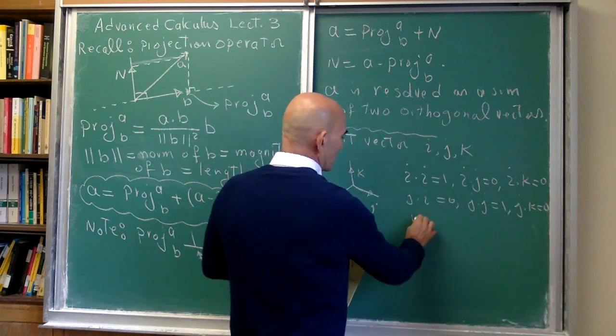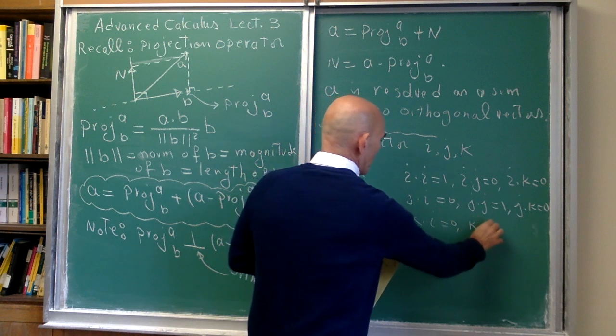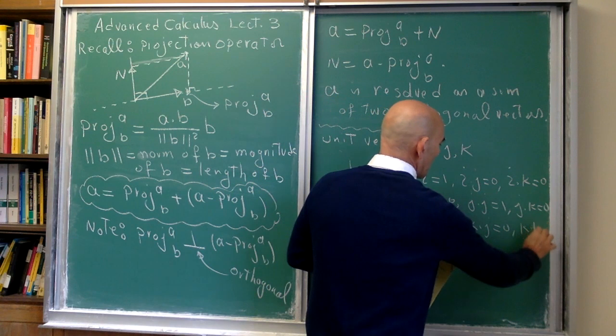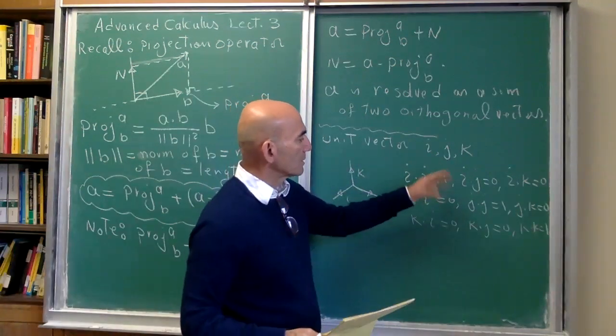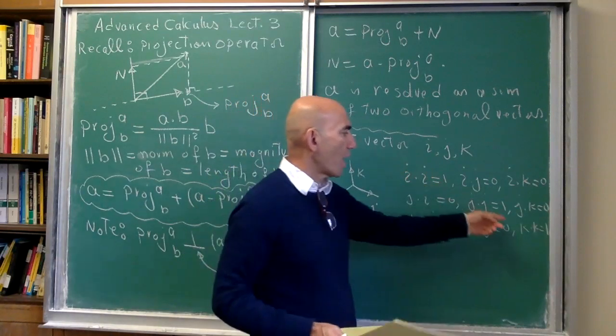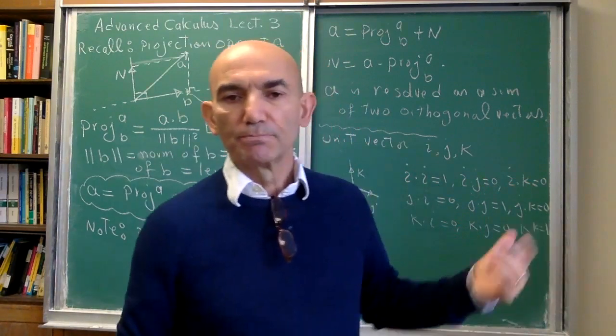Again, with k dot i is equal to 0, k dot j is also equal to 0, and k dot k is equal to 1. So you get a nice 3 by 3 matrix, where on the diagonal this is just 1, and off diagonals is just zeros.